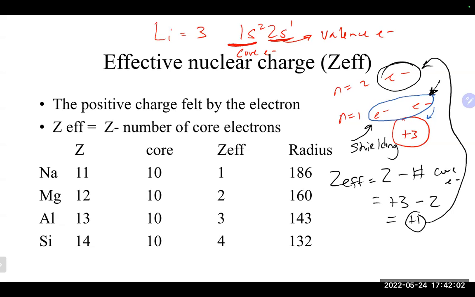So when you look at Z effective, it is related to the radius. We see an increase in the Z effective across sodium, magnesium, aluminum, and silicon, which is period 3 on the periodic table. As we go to the right on the periodic table, we see an increase in effective nuclear charge.